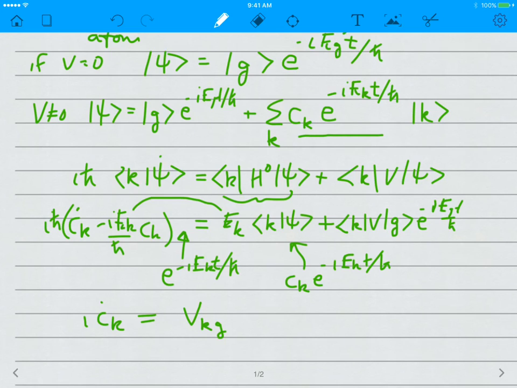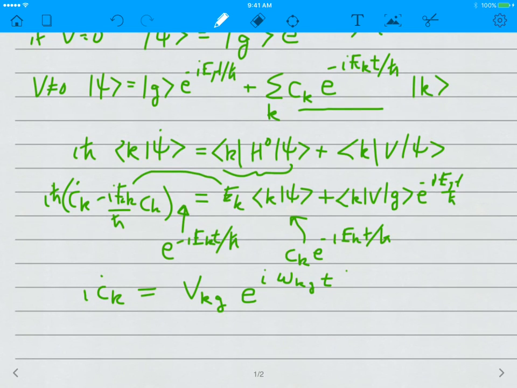What we're doing is multiplying through by e to the plus i E_k t over h bar. So we get an e to the i omega_kg t for the right-hand side, where omega_kg is our Bohr condition, h bar omega_kg equals E_k minus E_g.